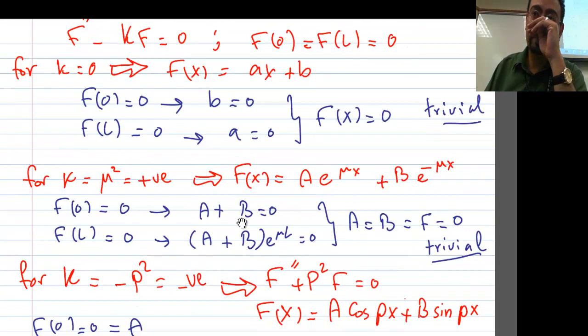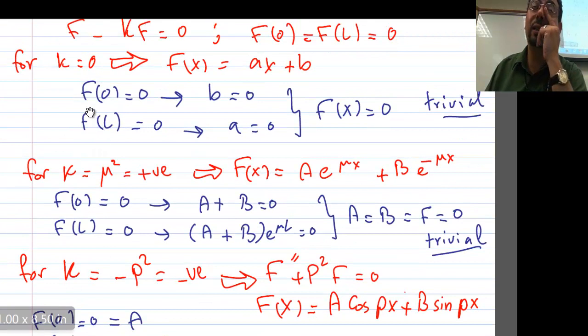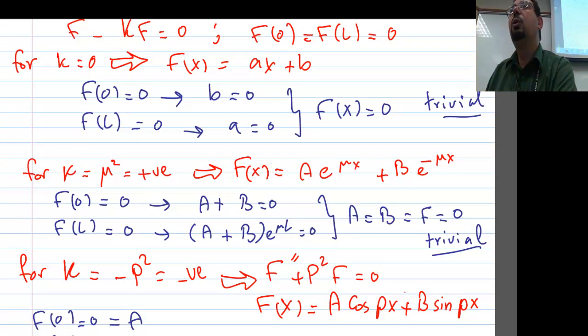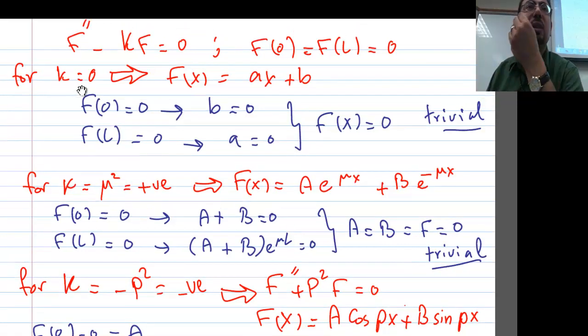Very good. So he's trying the three cases, and when it's 0 or when it's positive, you will figure out that this will lead to a trivial solution. F will end up being 0. Why? Because of the boundary condition. For example, if k equals 0, it means f double prime equals 0. What's the solution for that?